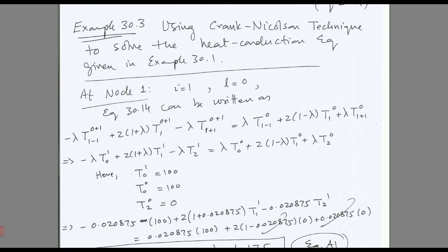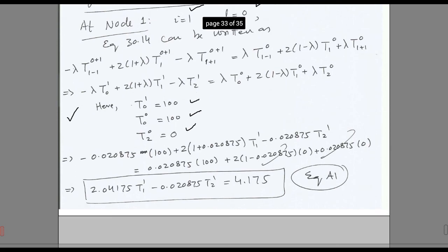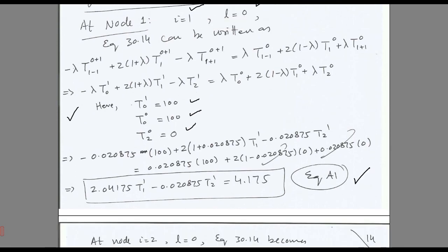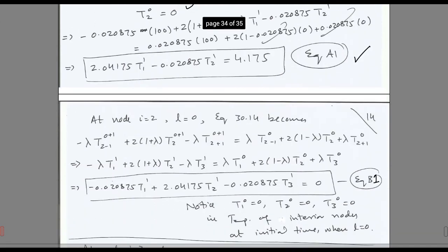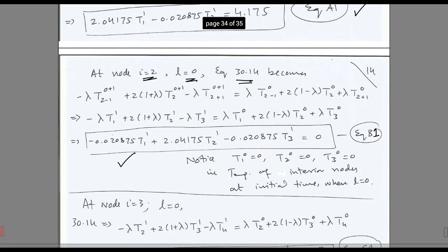In this example, we will directly use this formula using the Crank-Nicolson method to solve the heat conduction equation as before. At node 1, i equals 1, l equals 0. The equation goes like this. We notice that T01 is 100 here, T00 is 0, T20 is 0. Substituting back, we arrive at the first equation. Similarly at node 2, equation 30.14, substitute the values and we get the second equation.